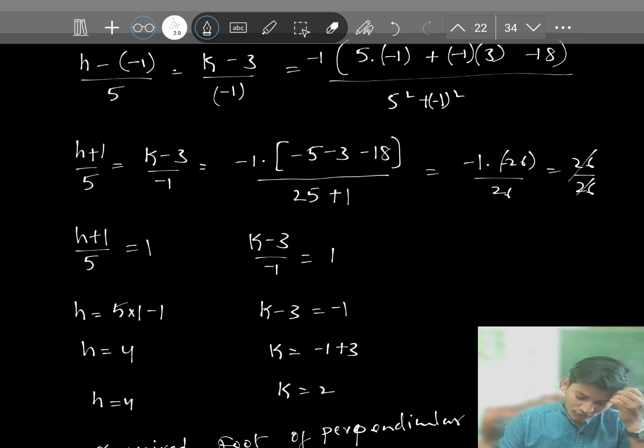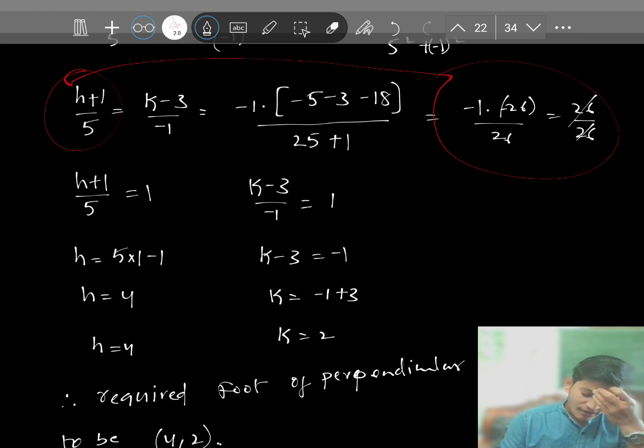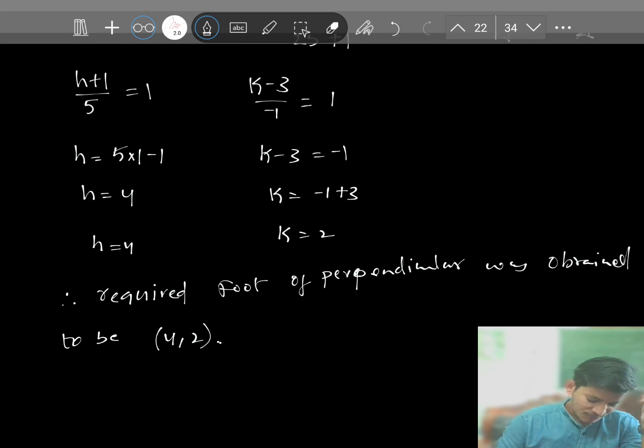Values are these ones. So I can write it like the numerator comes out to be 26 and the denominator is also 26. Both of them cancel out each other and I will get minus of minus 1. So from term 1 and term 3, I can write this equation, and from term 2 and term 3, I can write down the next equation.